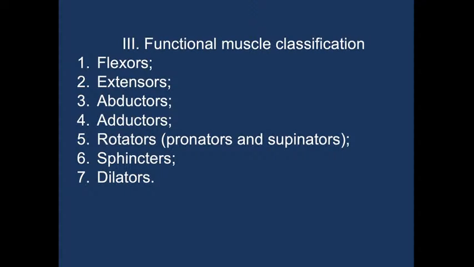And another classification is the functional one. When we divide muscles by their function, they could make flexion, and we call them flexors, or in antonym, extensors. Abductors and adductors, rotators, sphincters and dilators.